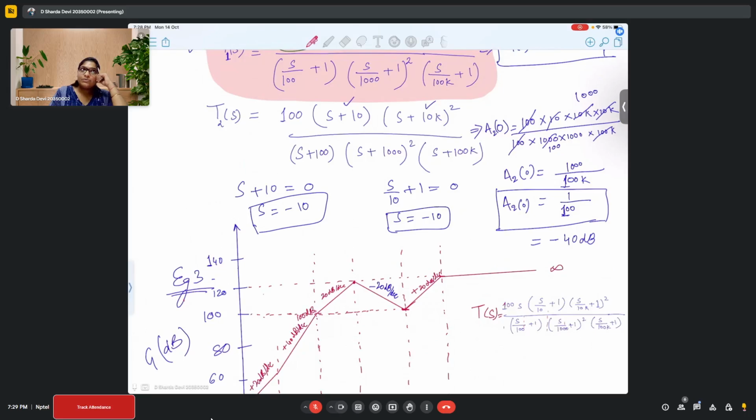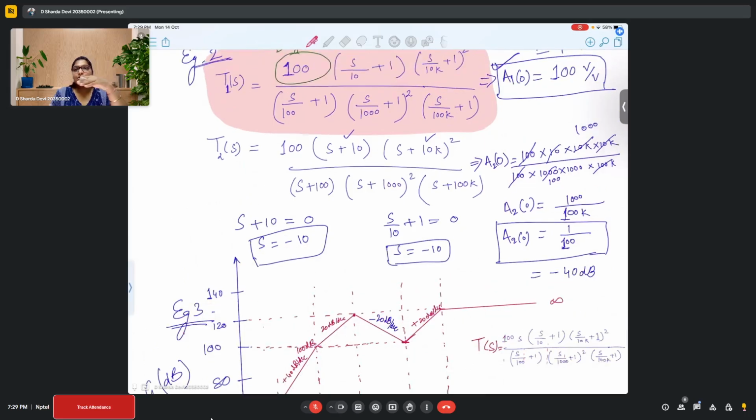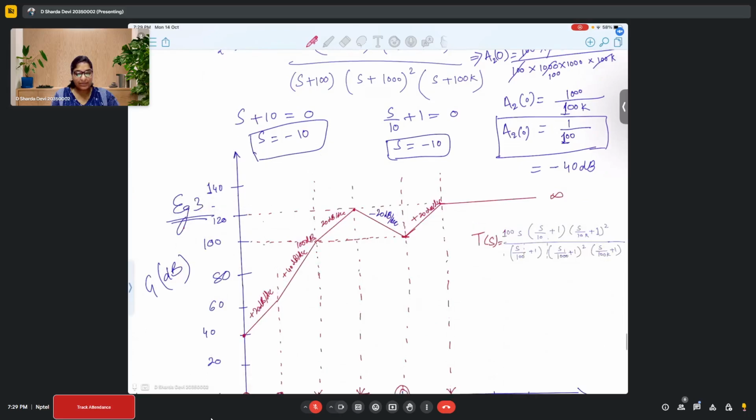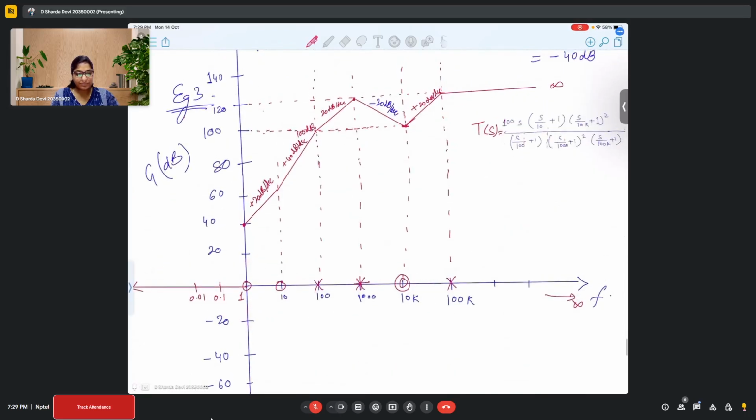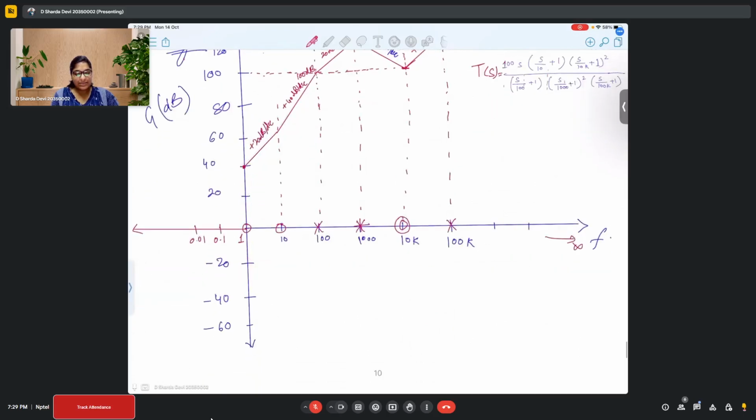If it is a single pole system, then we said that it is always stable, as it crosses almost at infinity or very high frequencies. Or if it is a one pole one zero system, then it is stable. It is basically because it does not cross your zero crossover frequency. So as it does not cross the zero crossover frequency, your curve will look like this. Okay, so this is one example.